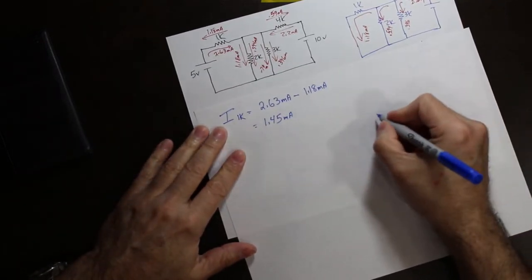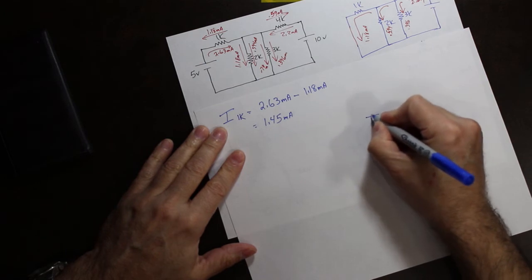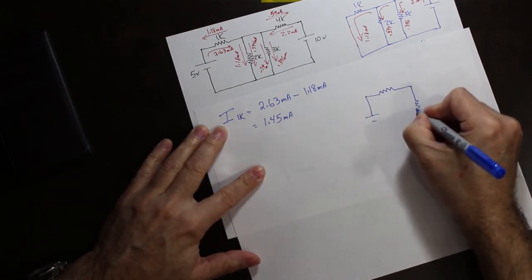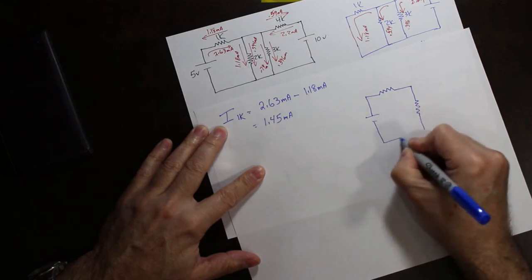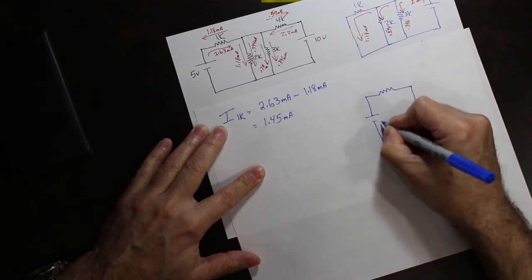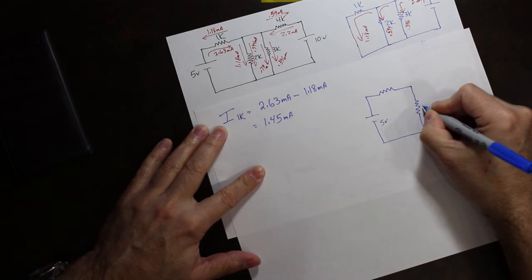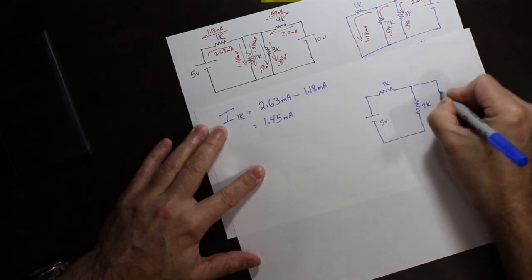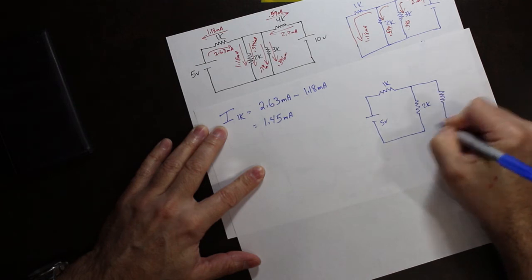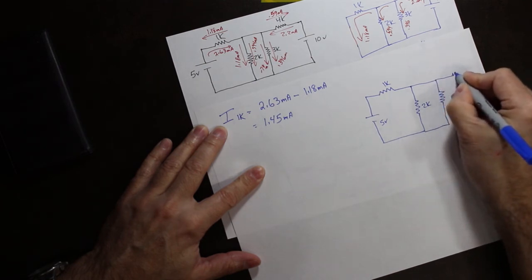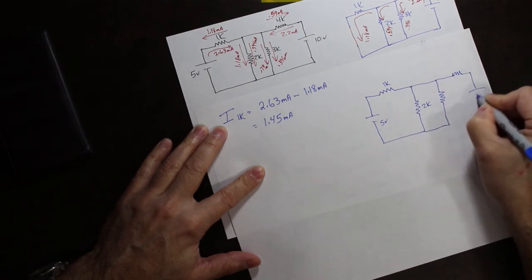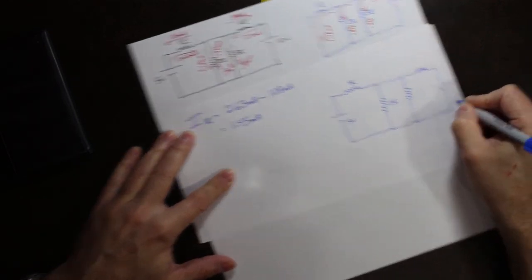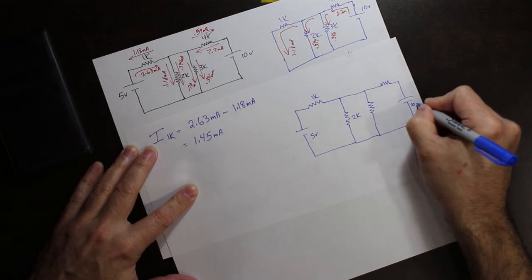So let's take our circuit, we'll duplicate it right here as the final. So we've got 5 volts, we've got 2K, we have 1K. This was the 10 volt supply.